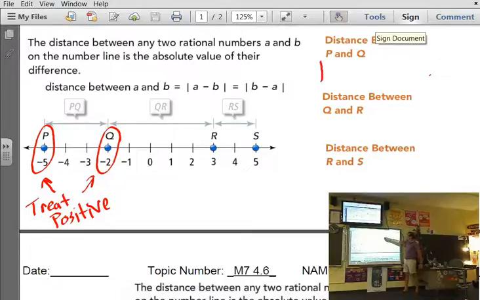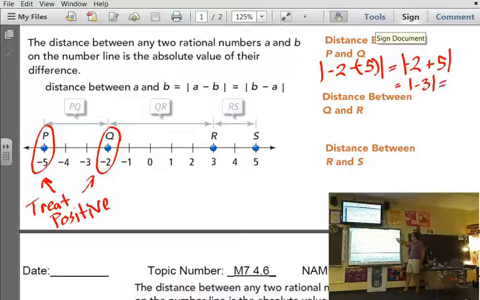Or I can show the work, -2 minus a -5, -2 plus 5. Wouldn't you have to use 5 first? No, it doesn't matter. Because it can be A minus B or B minus A. Because it's absolute value, that makes the order of the subtraction not matter.